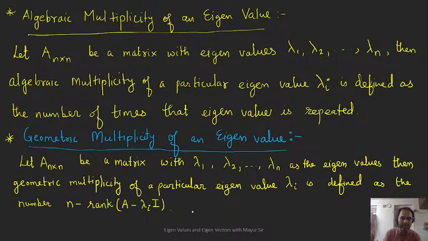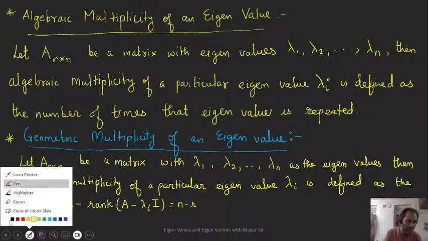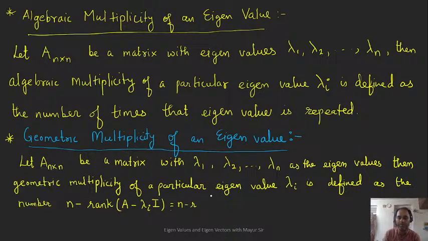Sometimes we write it as n minus r also, but we will see with an example. You can keep a note over here: it is essentially the number of free variables.